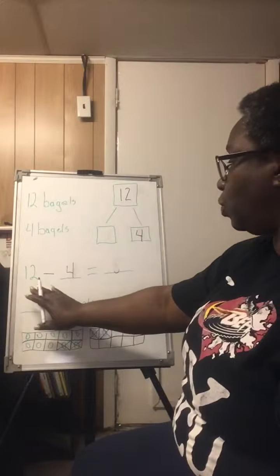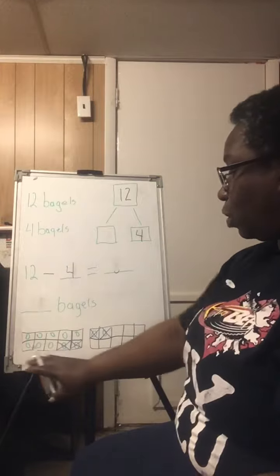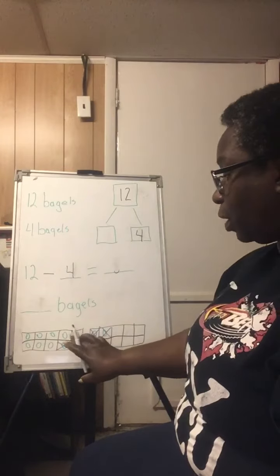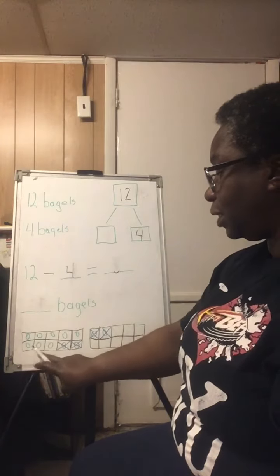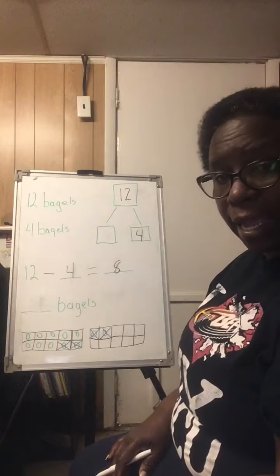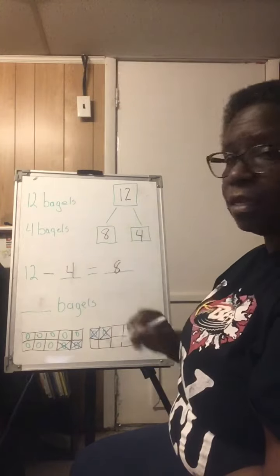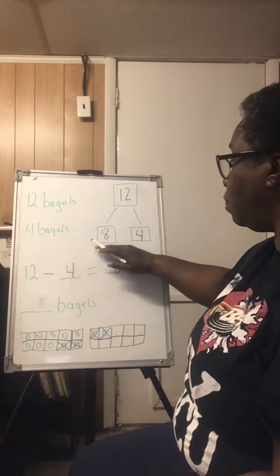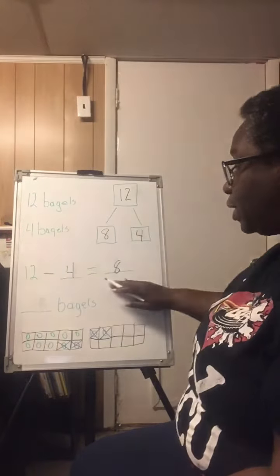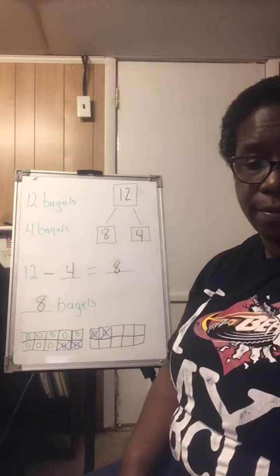So we said that 12 minus 4, we had 12 bagels, or 12 green circles, and we took away 4, which gave us 1, 2, 3, 4, 5, 6, 7, 8. Left us with 8. So that's where we got our 8. So we put 8, because 8 plus 4 gives us 12. 12 minus 4 gives us 8. So 8 bagels were eaten.